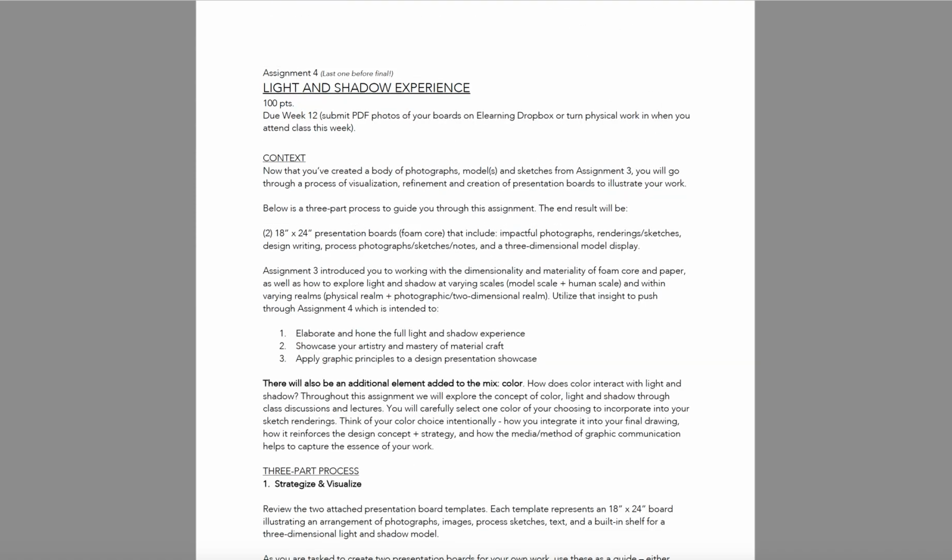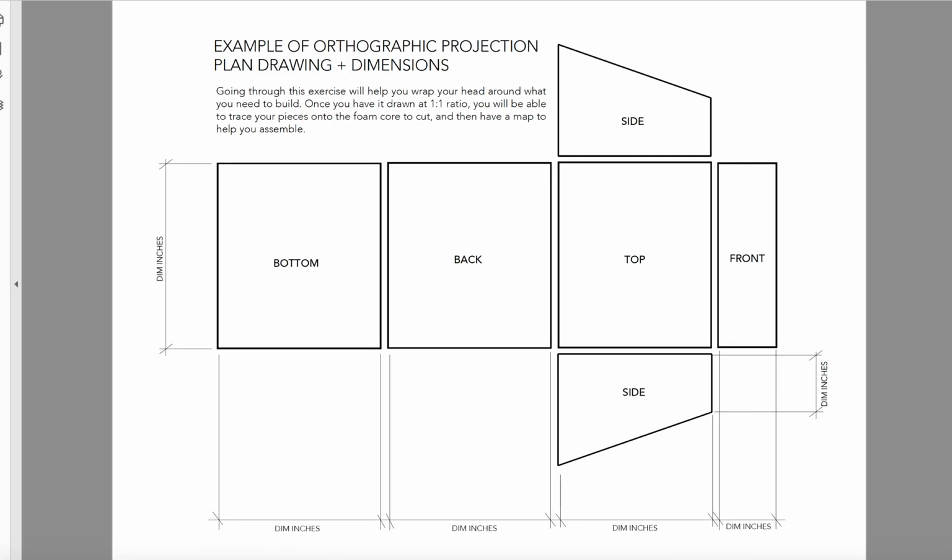Now there will be individual files on e-learning. So here's that orthographic projection, plan, drawing, and dimension. And it's just like you would think about instructions how to fold a box. So you'll have the top where your model will sit, the front where you're going to have your lettering, you'll have the sides, and you'll have the back.